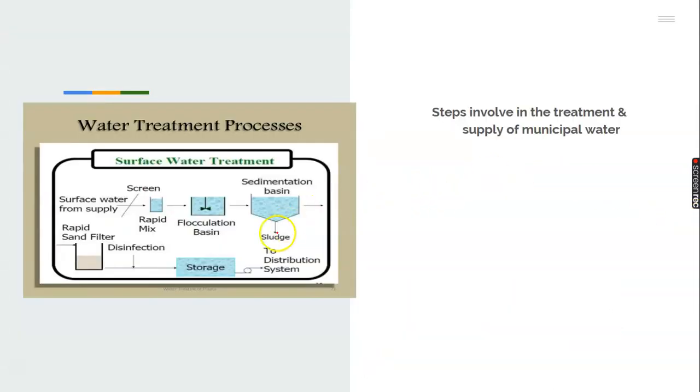This is the diagram right here. From the source of water supply, it could be from rain or any other source, you put the untreated water in a tank where you can easily expose it, so the smell and volatile chemicals can be aerated.